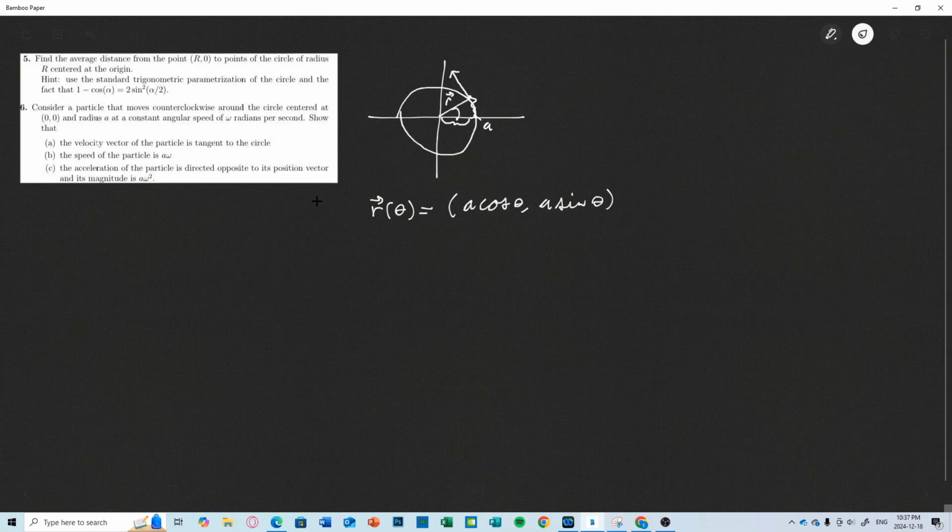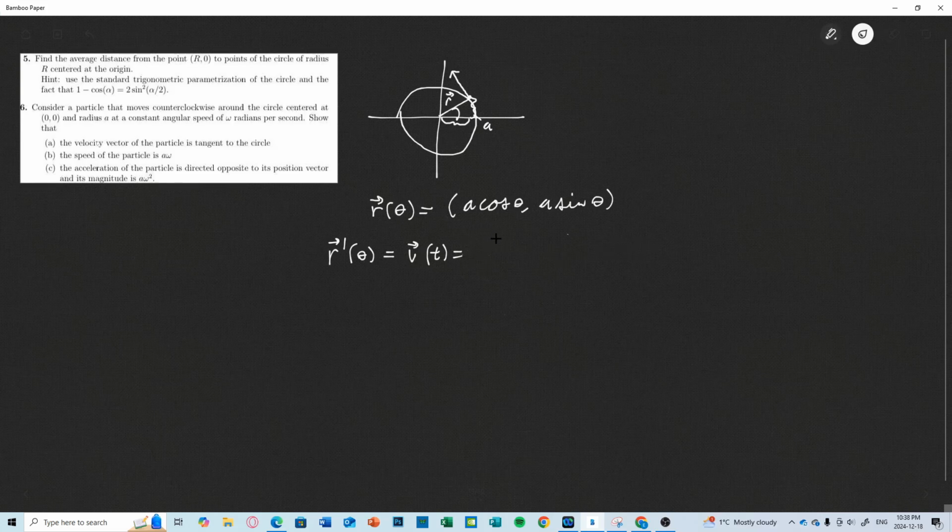So now we want to find our velocity vector. And if you remember, our velocity vector is just the derivative of our position vector. So this is going to become negative a sine theta and a cos theta.